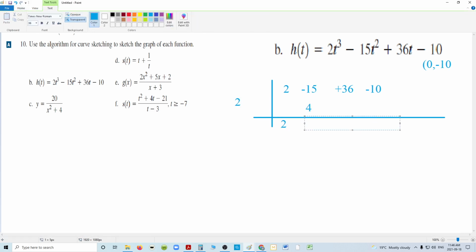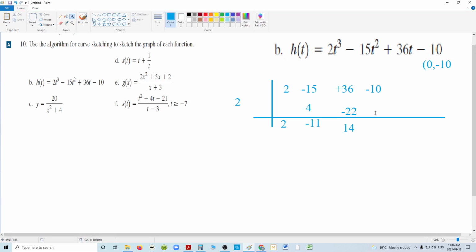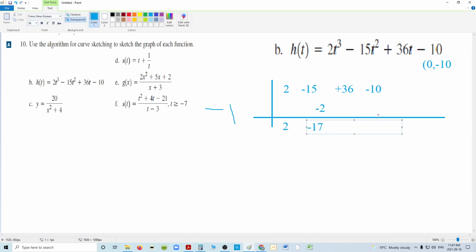4, minus 11, minus 22, no, 14, 28. So no, so maybe minus 1 should be something I check just in case. And then I'll go to minus 2. Nope.